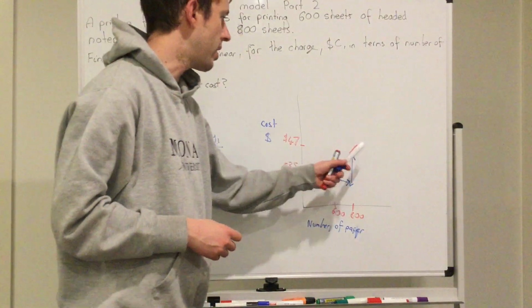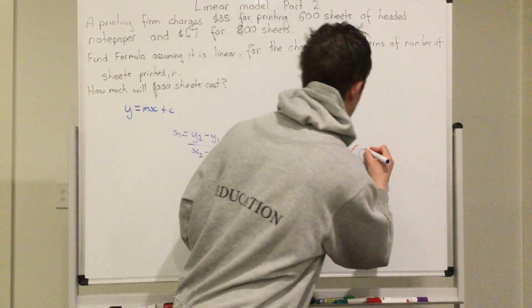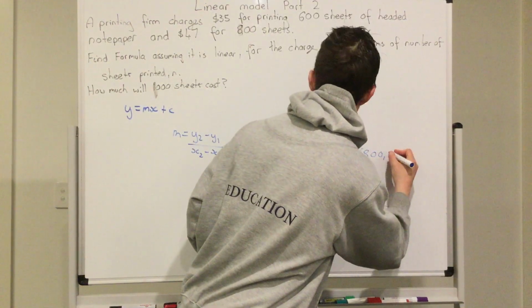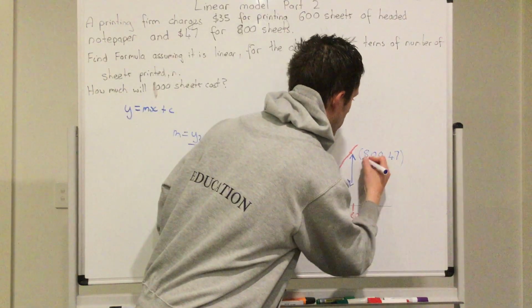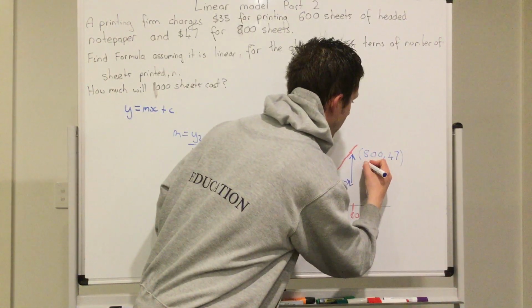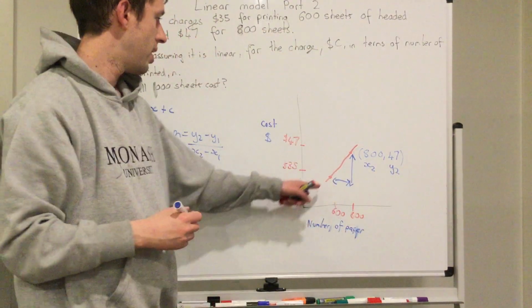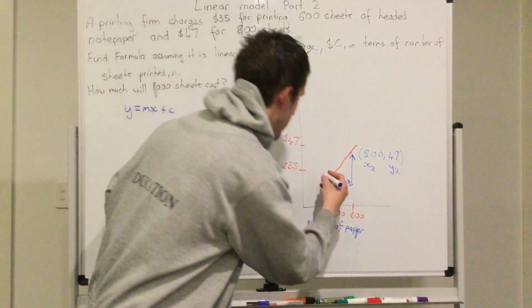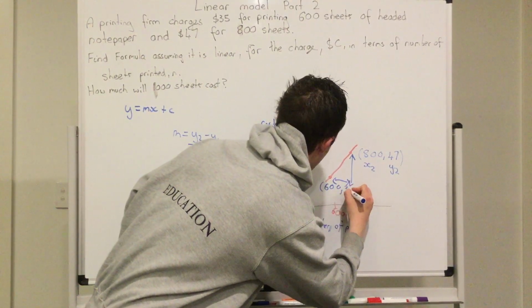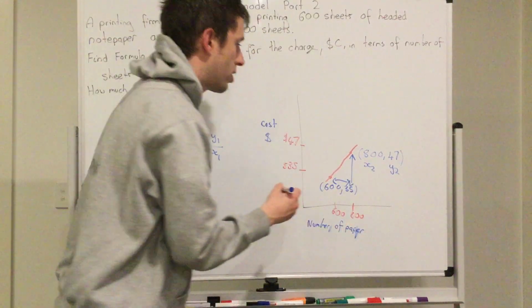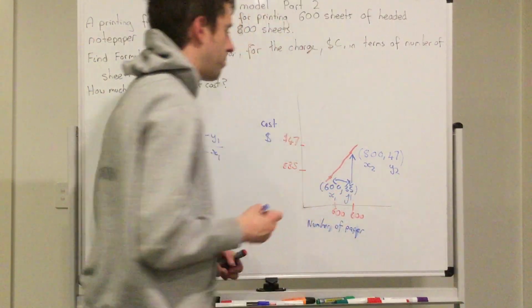So this point here, I'm going to say my x is 800 and my y is 47, and that also means that I have x2, y2. This other point here is x is 600 and y is 35, which is x1, y1.